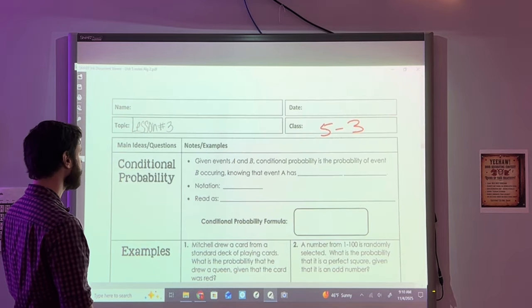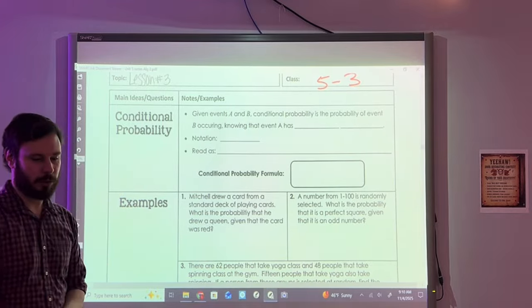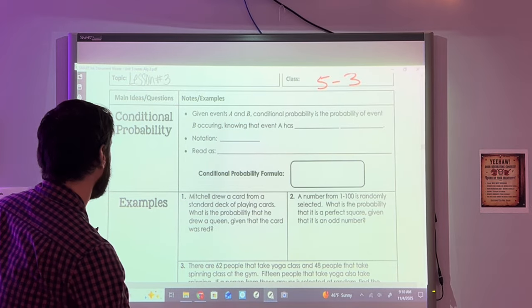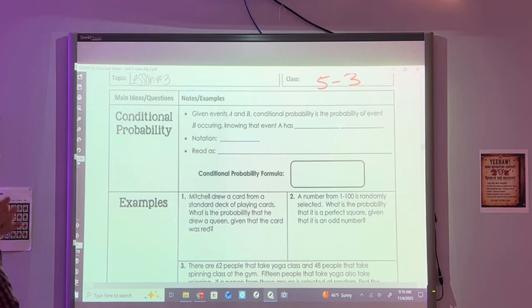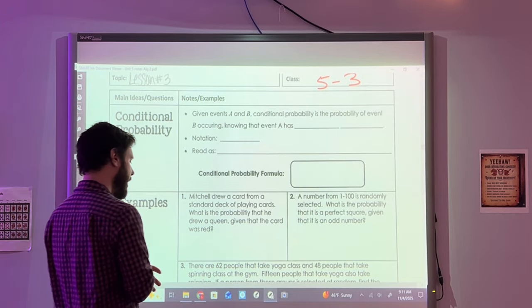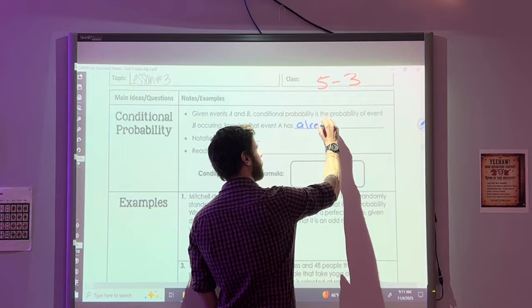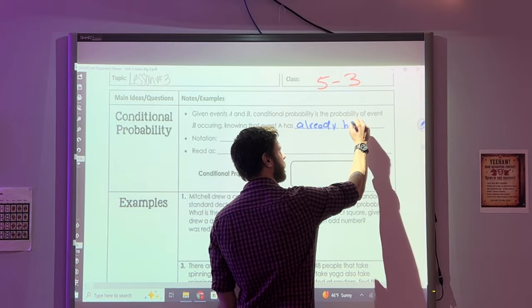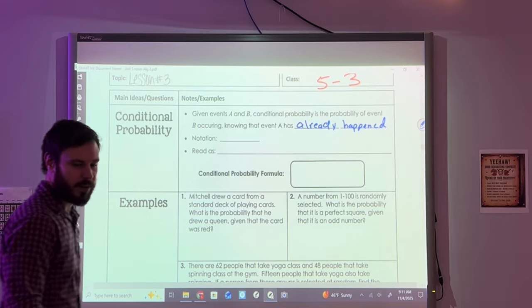Okay, but back to here. All right, a conditional probability statement. Given events A and B, conditional probability is the probability of an event B occurring knowing that A has already happened. We have some notation for it.